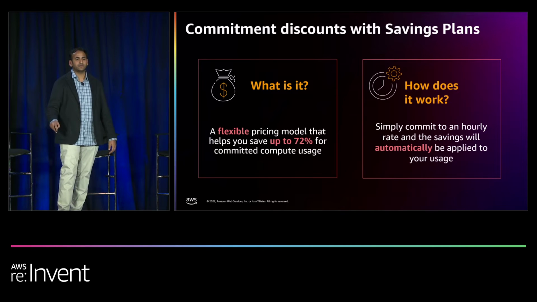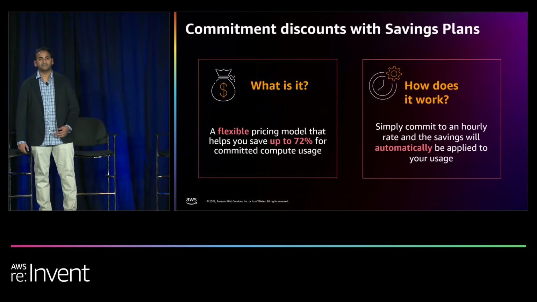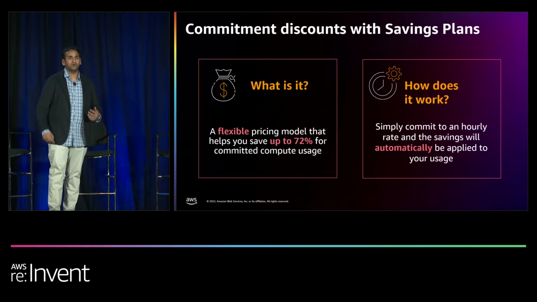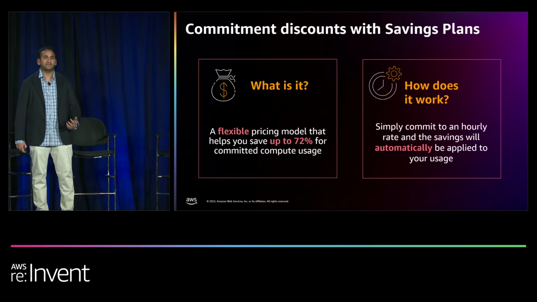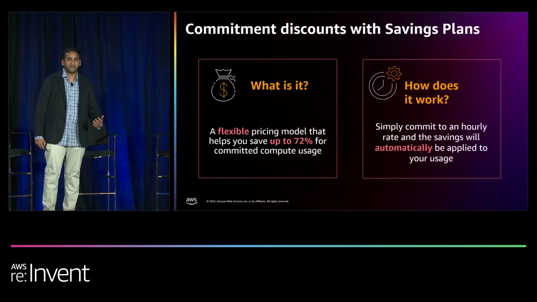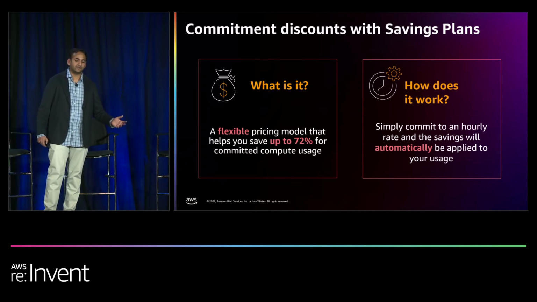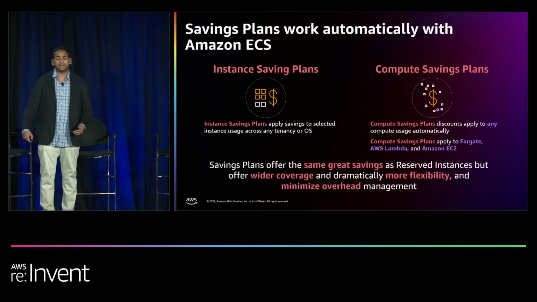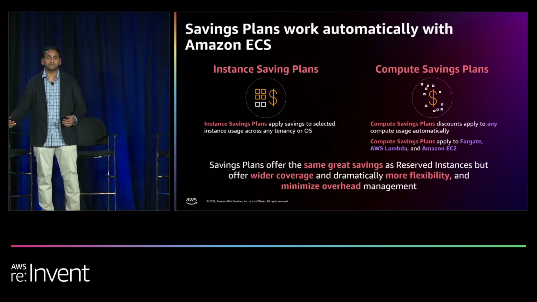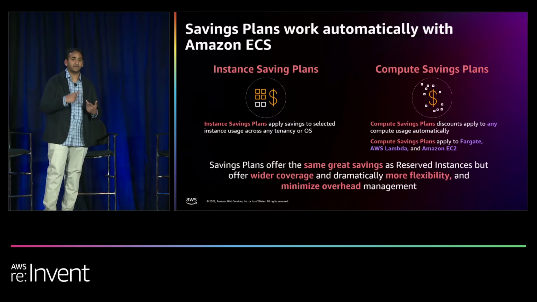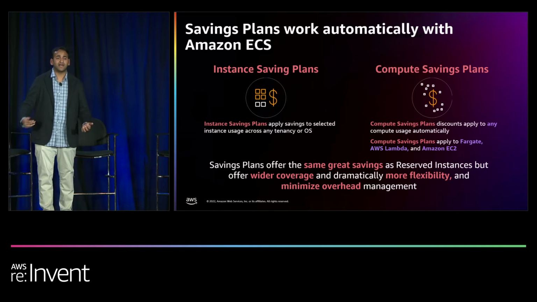Finally, I do want to make a brief mention about commitment-based discounts with Savings Plans. Savings Plans provide a flexible discounted pricing model based on commitments that you make to use over an N-year period. Compute Savings Plans apply to your compute resources across Fargate, EC2, and Lambda, so it automatically applies to any applications that you run on ECS.